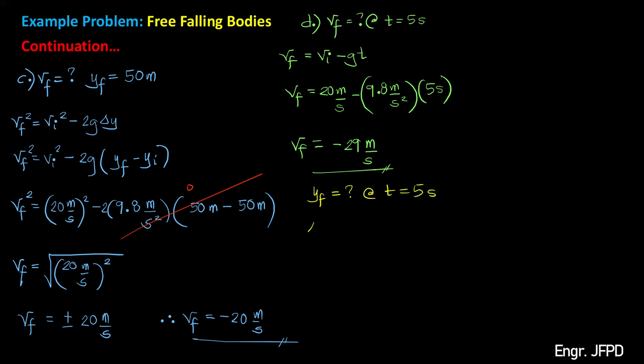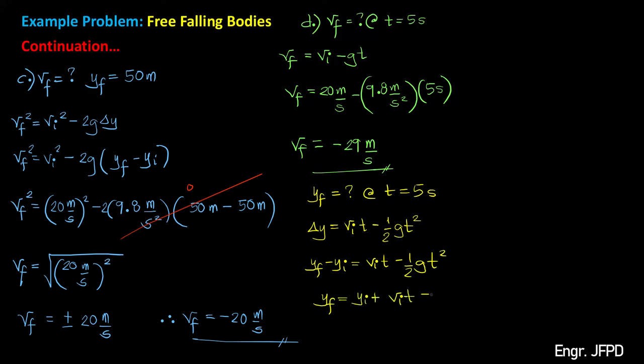Solving for the delta y, this is delta y is equal to vit minus 1/2 of g multiplied by t squared, and for the delta y, that is yf minus yi is equal to vit minus 1/2 gt squared. Transposing this negative yi, our final position yf is yi plus the vit minus 1/2 gt squared.